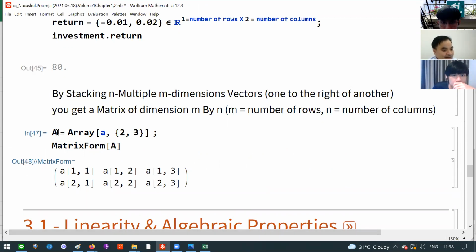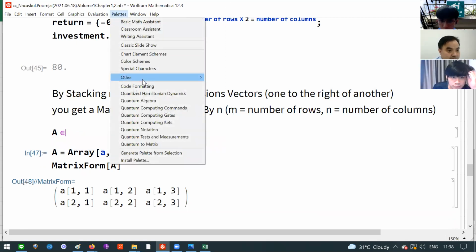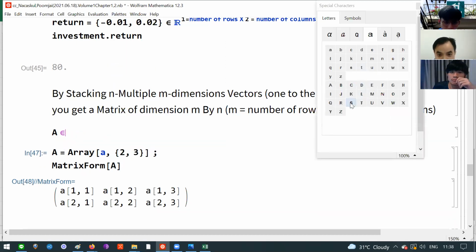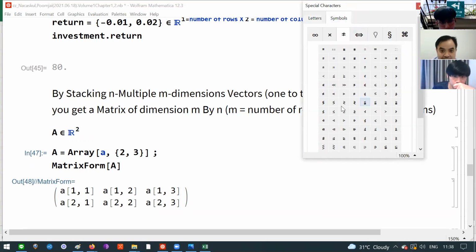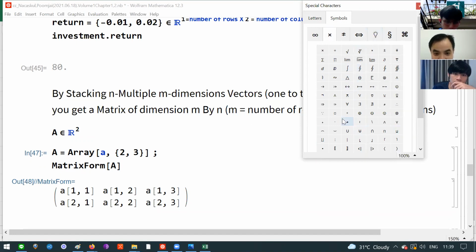Mathematically, you say something like A is an element of R to the 2 by 3. Now, there's actually a symbol for by. It's not multiplication, it looks like multiplication, but it's a flat one. We can just use multiplication for now.